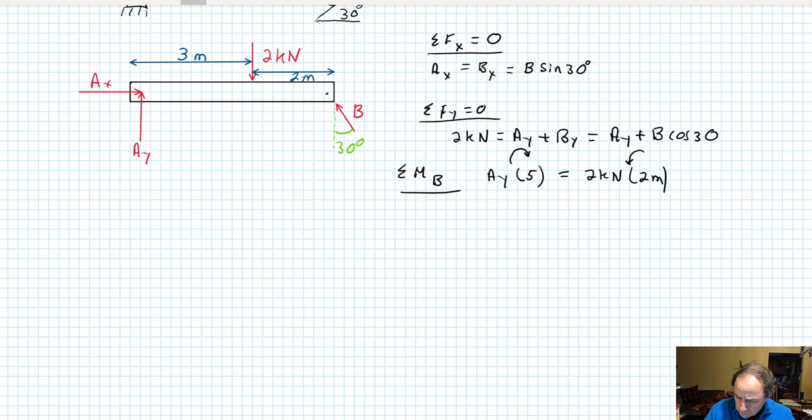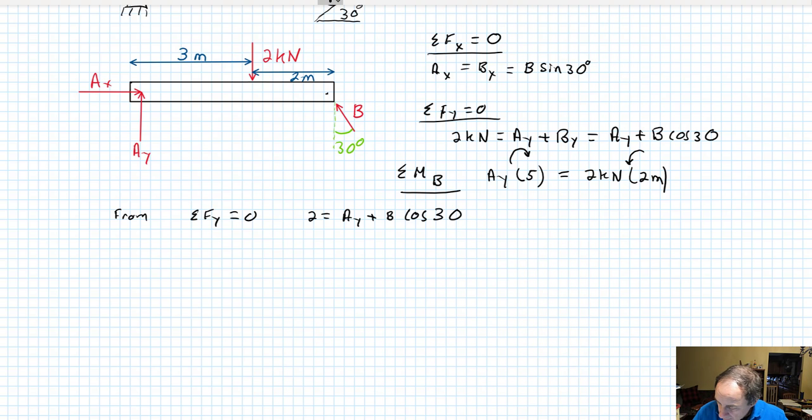So, let's solve this. From our sum of the forces in the y direction equal to 0, we know that 2 equals AY plus B cosine 30. Oh, I forgot to solve for AY over here.